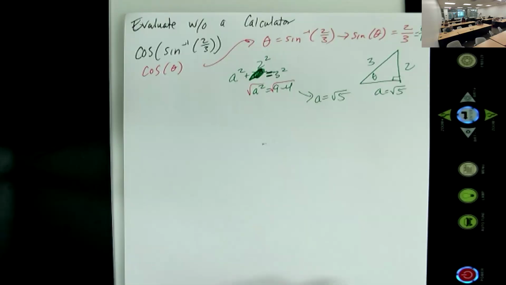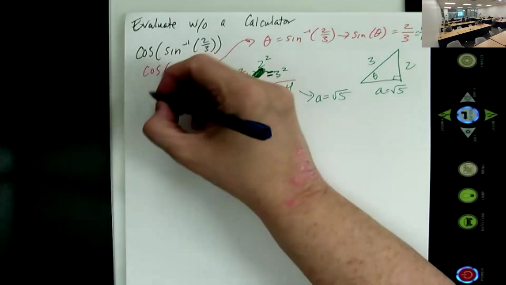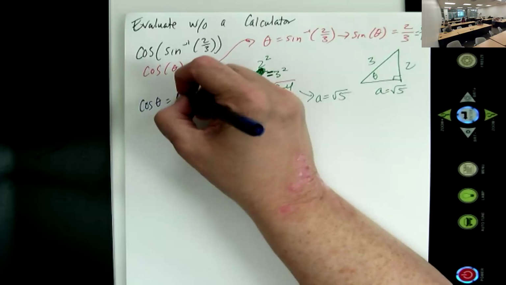Alright, we wanted cosine theta. Cosine theta should be adjacent over hypotenuse.